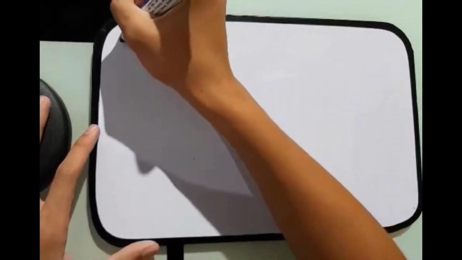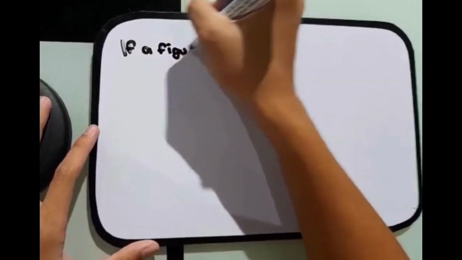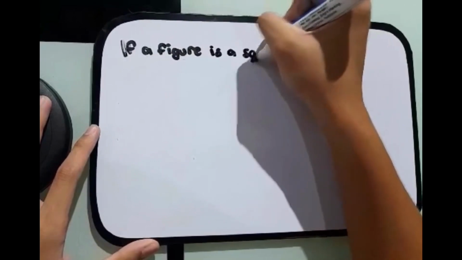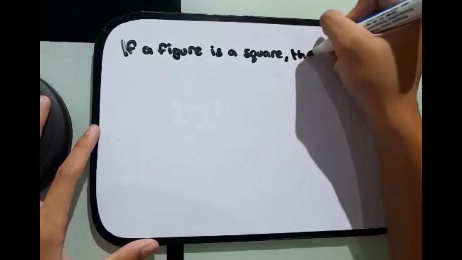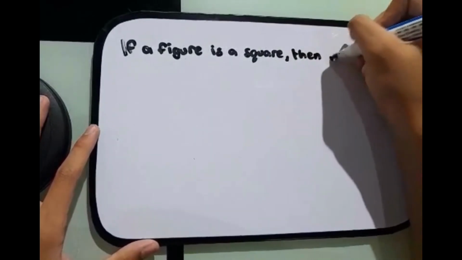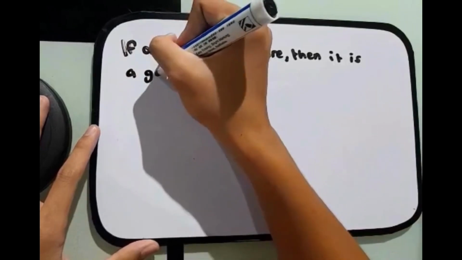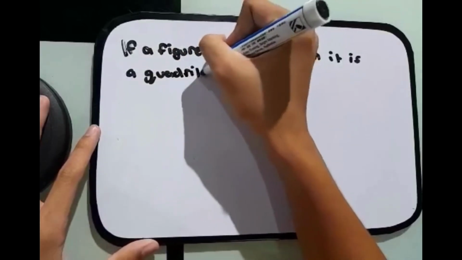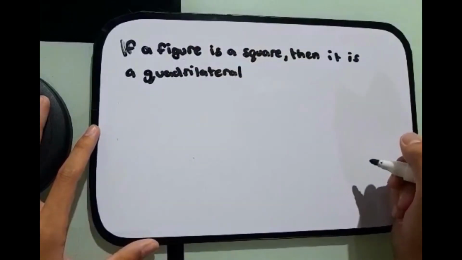Let's try another example. The original sentence is, if a figure is a square, then it is a quadrilateral. Let's turn this into converse statement.